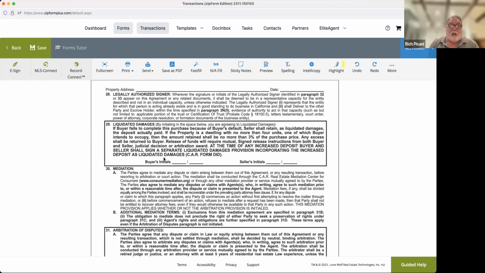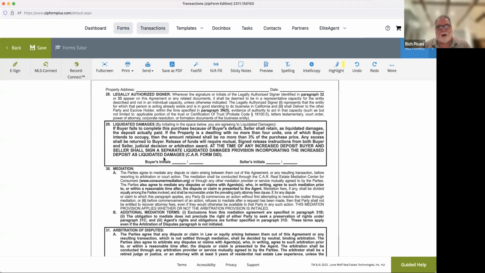Liquidated damages. So liquidated damages are basically the parties agreeing that if there is a default, the limit on the amount of damages will be 3% of the purchase price if the property is a dwelling that is residential, no more than 4 units, one of which the buyer occupies.